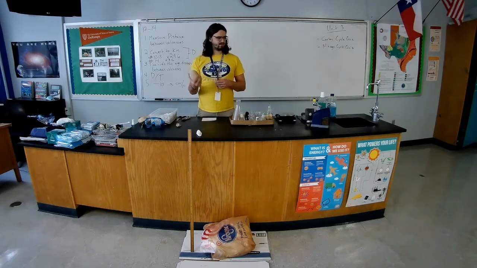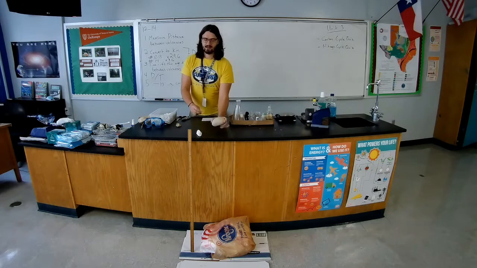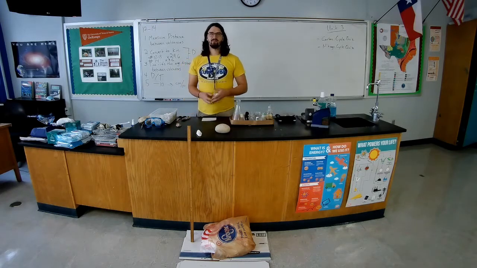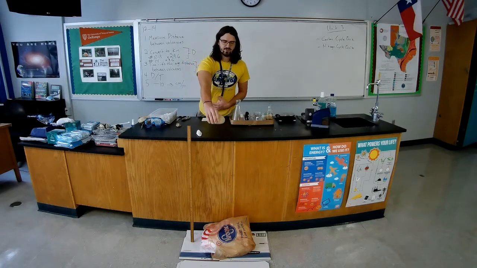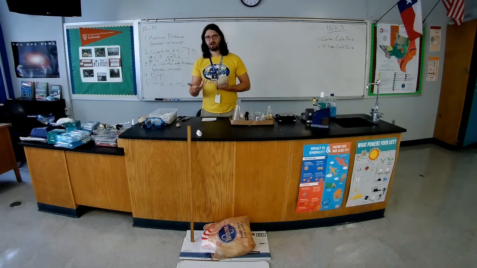So I have a rock here, and I just weighed this rock, and this rock is about 1,000 grams or 1 kilogram, which means in United States terms that's a little over 2 pounds. And I have a meter stick here, so this is a meter high off the ground, and if I were to drop this rock from this height, the acceleration due to gravity is about 10 meters per second.